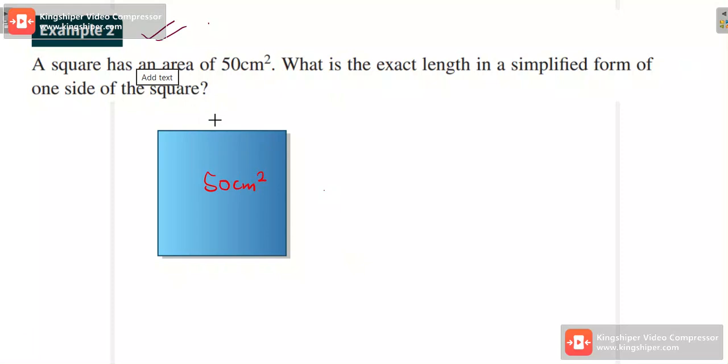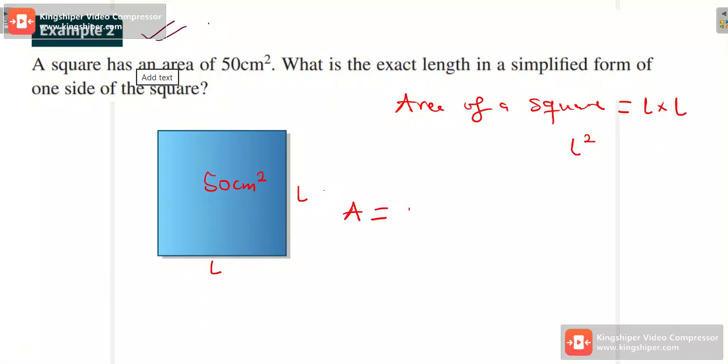So first of all, you have to know that the area of a square is given as L times L, or L squared. Let's say the length is given as L. So here is also L. So area is given as L squared.